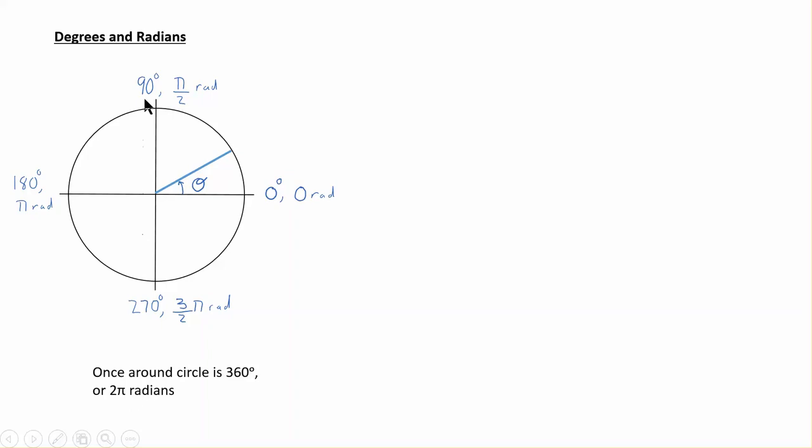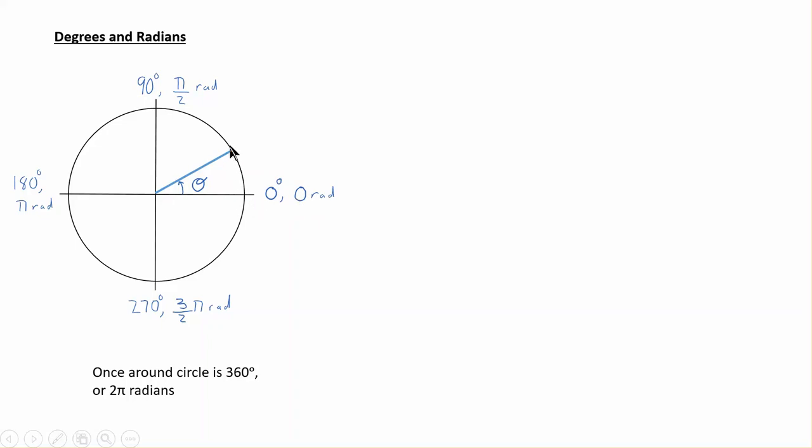So degrees and radians are just different ways of measuring angles. If this blue line was flat right along the horizontal, we would say it's making a 0 degree angle with the horizontal, or likewise 0 radians.